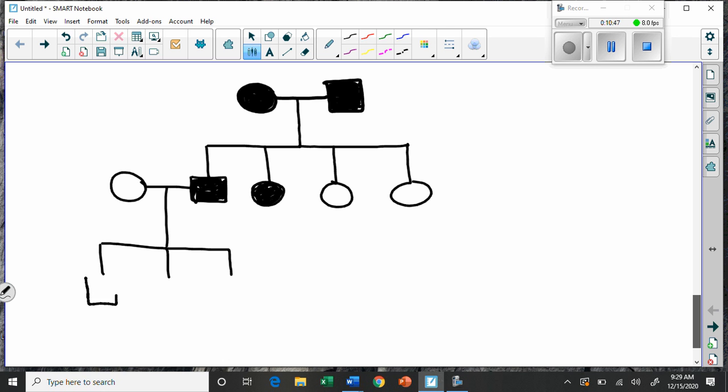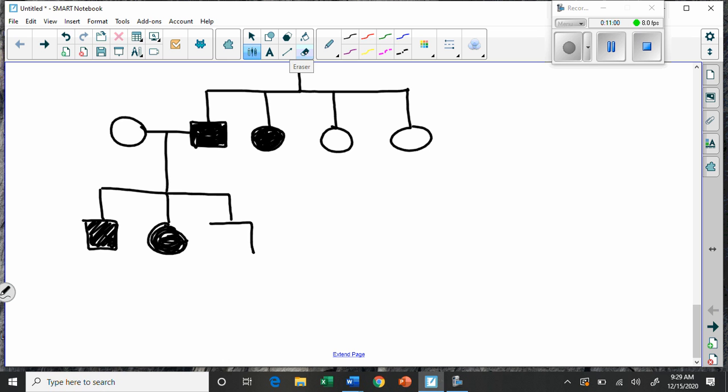And they produce a male who has the disease, a female who has the disease, and they have a child. Oops, sorry. I'm just copying this out of the book so I don't mess it up. So we'll just copy this. This is a female who is normal.